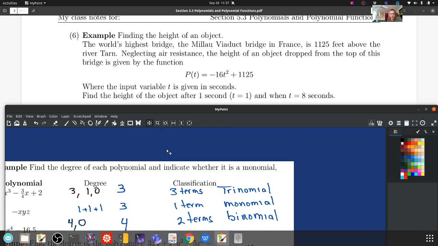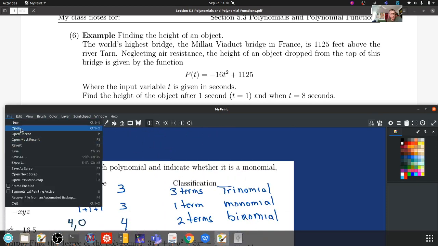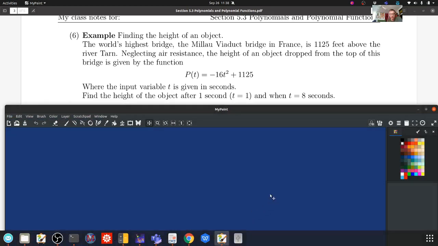So how far does it drop if we look at it 8 seconds after its drop? Well, that's minus 16 times 8 squared plus 1,125.